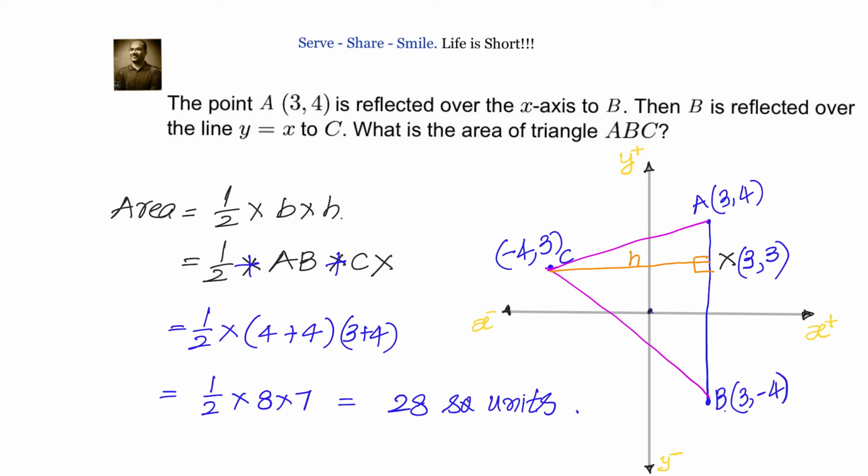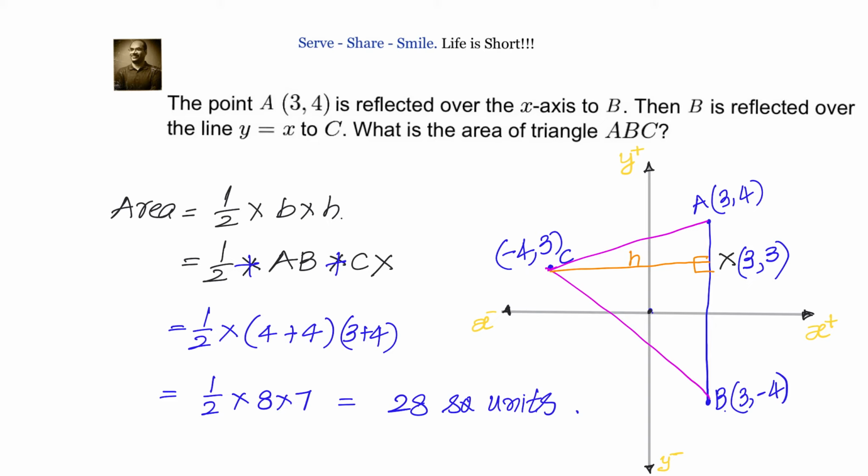Let's have a recap of this problem. We have been given that the point A is reflected over the x-axis to point B. Then B is reflected over the line y equals x to C. What is the area of triangle ABC? Now point A (3, 4) is reflected over the x-axis.